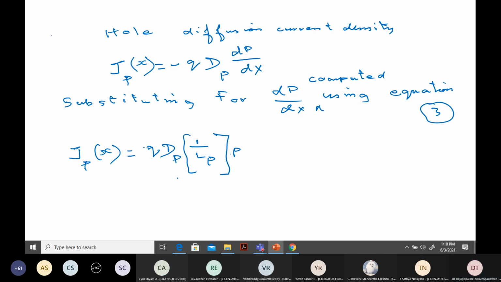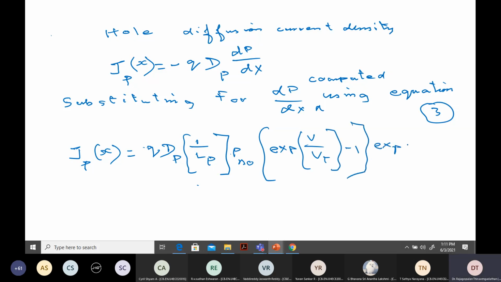You will get Pn naught times exponential of V by Vt minus 1, times exponential of minus x minus xn by LP. So remember, it is x minus xn.